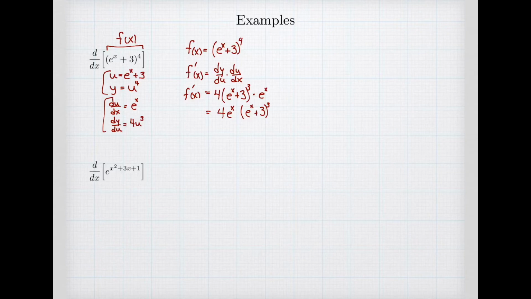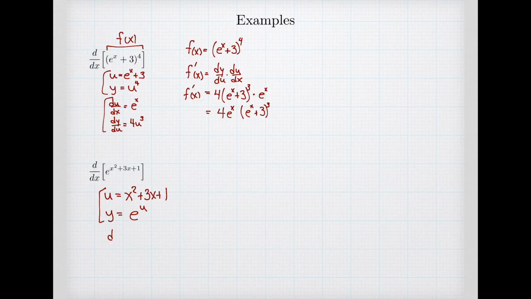Let's now go to the second example. The inside function is what's inside the exponent. And so my inside function is u equals x squared plus 3x plus 1. And my outside formula, y, equals e to the u. This is my chain.